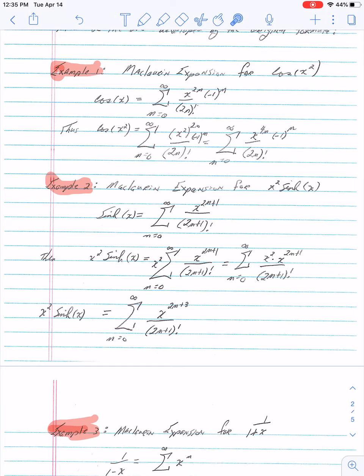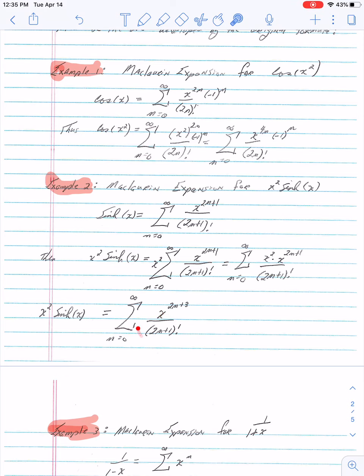Well, I can take the x squared inside. It becomes x squared times x to the 2n plus 1 over 2n plus 1 factorial. Again, if you know your rules of exponents, x squared times x to the 2n plus 1 is x to the 2n plus 1 plus 2, or x to the 2n plus 3.